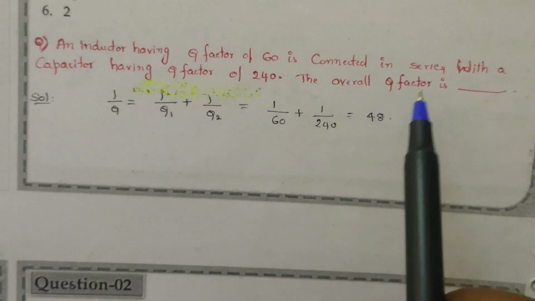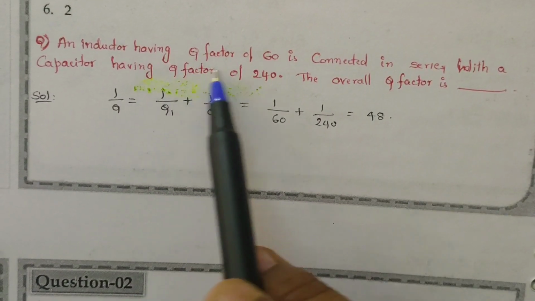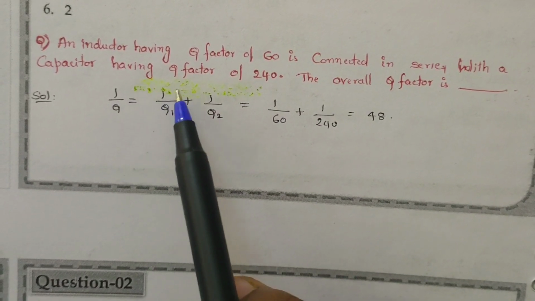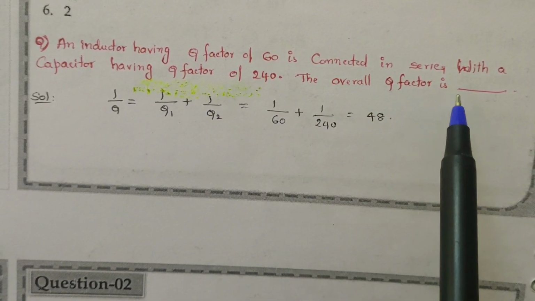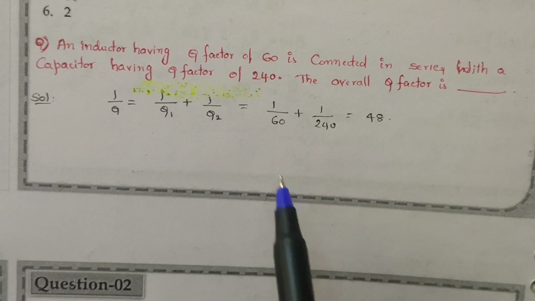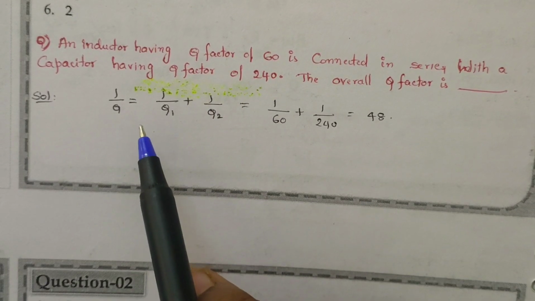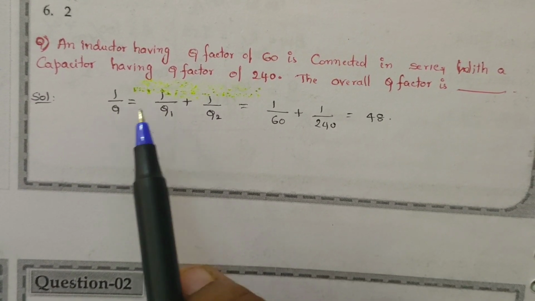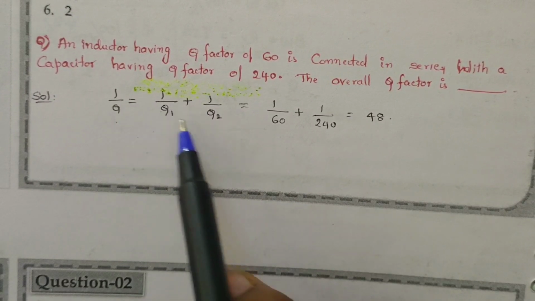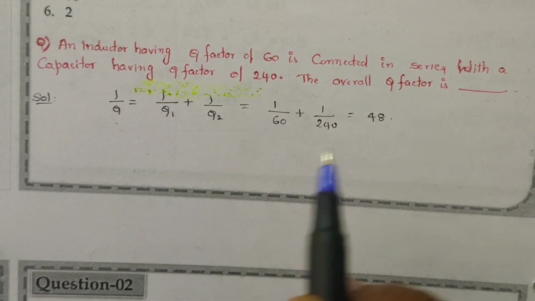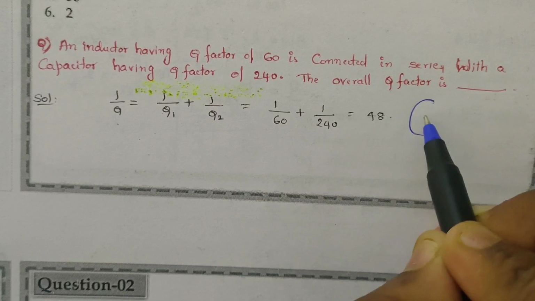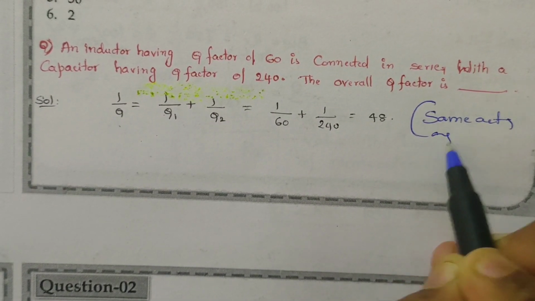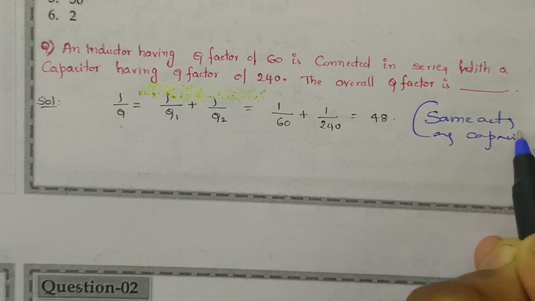An inductor and capacitor are connected in series; the inductor has a Q factor of 60, connected in series with a capacitor having a Q factor of 240. He is asking for the overall Q factor. Same, it behaves as capacitors which are in series: 1 by Q is equal to 1 by Q1 plus 1 by Q2.